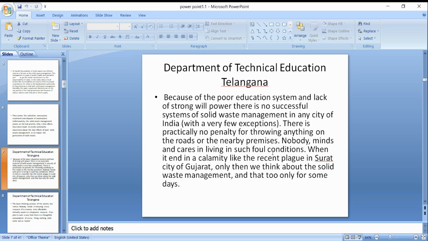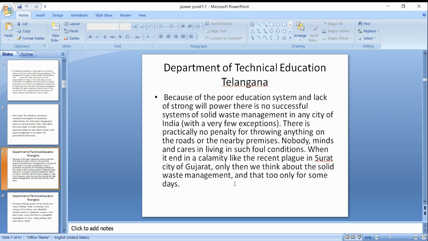Nobody minds or cares about living in such foul conditions. In Surat, Gujarat, there was a disease called plague, spread by rats.